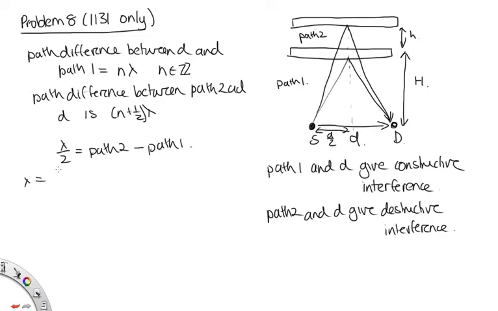So lambda is equal to 2 times path 2, which is the square root of d over 2 squared plus h squared, minus path 1. And there's 2 times this because it has to go up and then it has to go back, which is 2 times the square root of d over 2 squared plus, in this case it's just going the height h, so this is h squared.